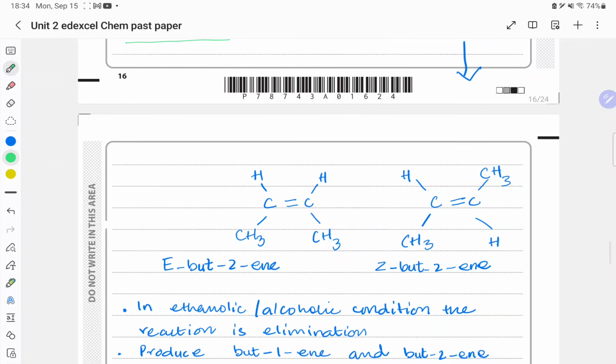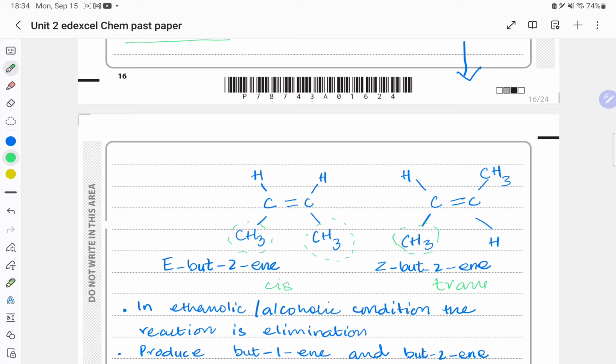So now we have got a double bond. If the priority groups are on the same side, it is going to be called cis, and it's going to be trans if the priority groups are on the opposite side.